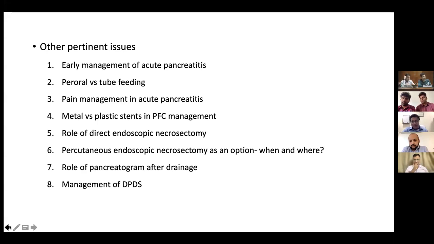But suppose in the first episode, which was in April, he had presented to you. You have a diagnosis of pancreatitis made. What would be your initial fluids and nutrition?